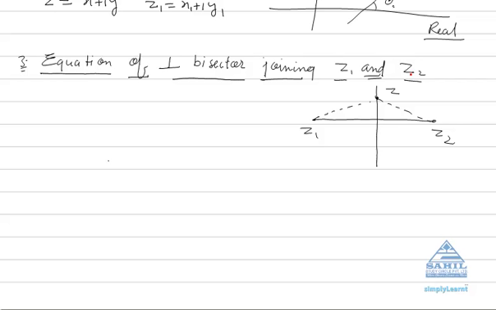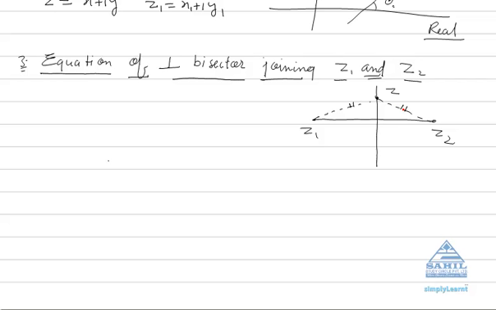Got this? Now to find the equation of the perpendicular bisector, z is the locus of a point such that the distance from two fixed points is always equal. And that is the equation of the perpendicular bisector.